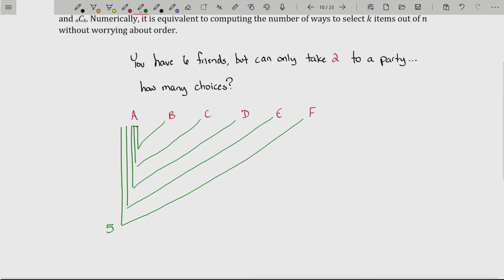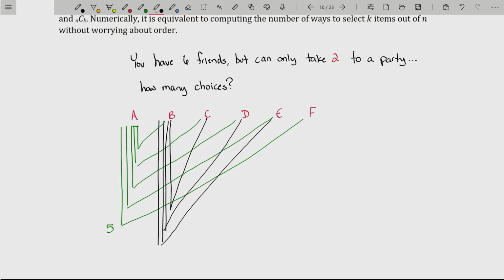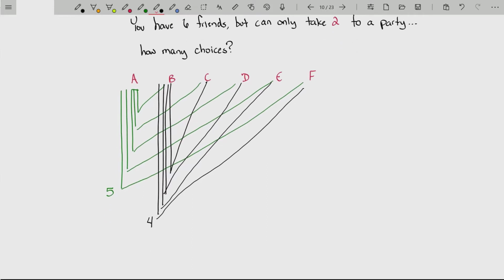Now let's talk about had we taken person B. We could have taken person B and C, or B and D, or B and E, or B and F. So that's 1, 2, 3, 4 other combinations there. Now let's talk about person C. We could have taken C and D, or C and E, or C and F. That's 3 choices right there.